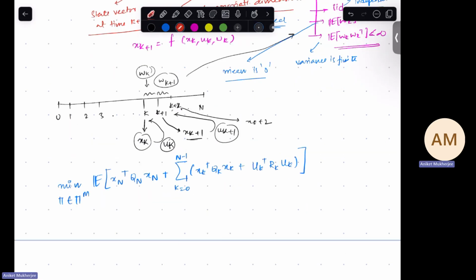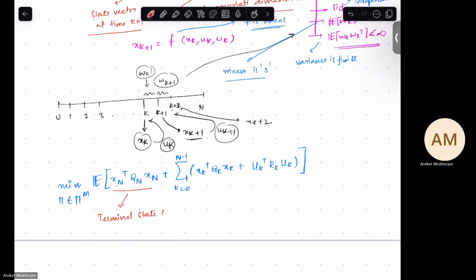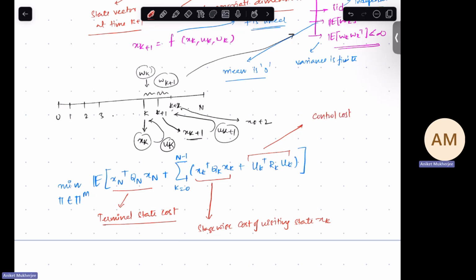So what does this mean is, this is your terminal state cost. This is your stage-wise cost of visiting state xk, and this is your control cost, or in layman terms, it's the energy that you have spent to add the control of uk to the system, right?